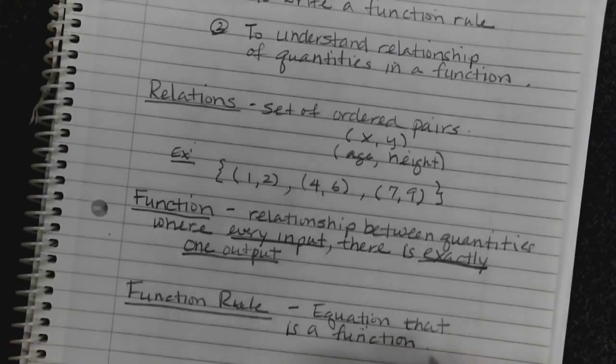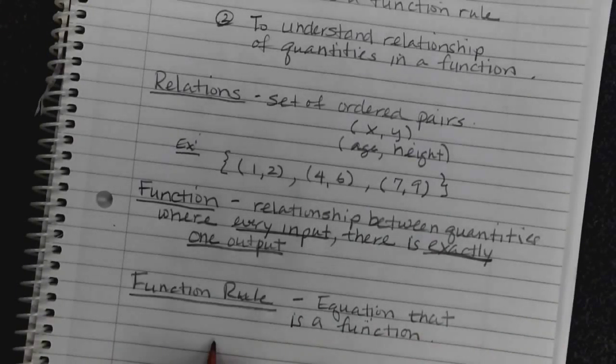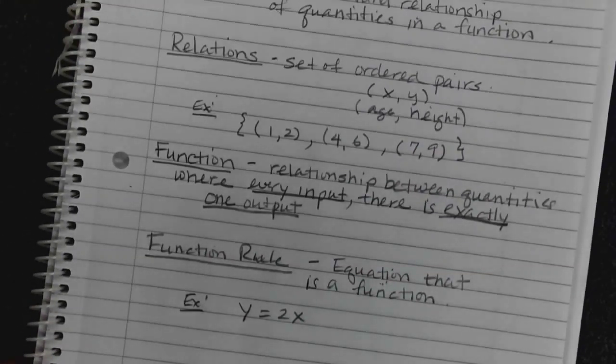So let me give you an example of an equation that is a function rule. An example for this one will be y equals 2x. This is a function rule. It is an equation. And the reason why this equation is a function rule is because for every x I plug in, how many answers do I get?